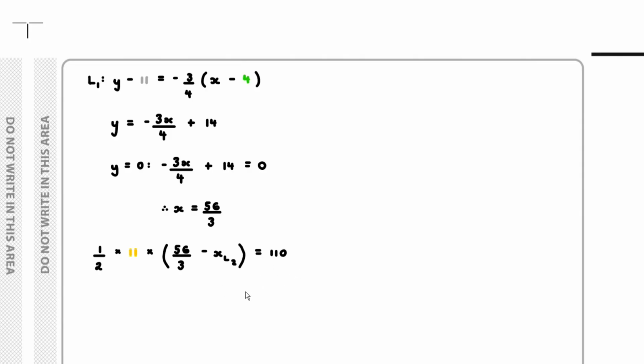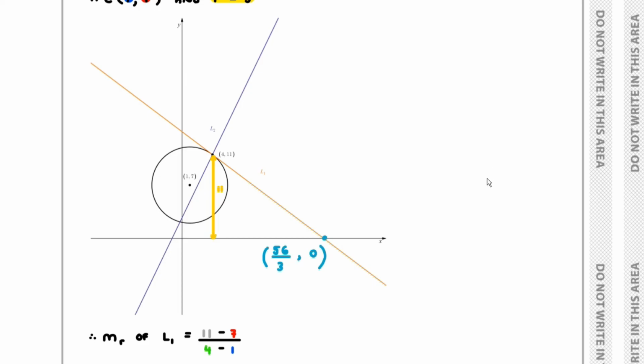If I solve for x, you'll find x equals negative 4/3. Meaning, this point has coordinates negative 4/3, 0. Now that I know what this point is, and I know that L2 also passes through 4, 11, I can find the gradient of L2 and then state the equation of L2.